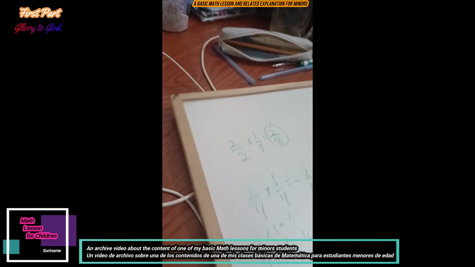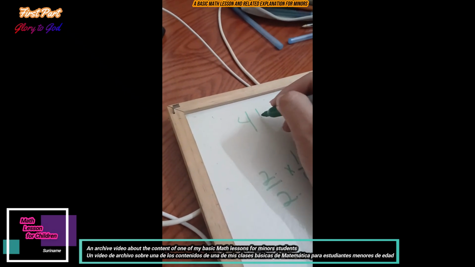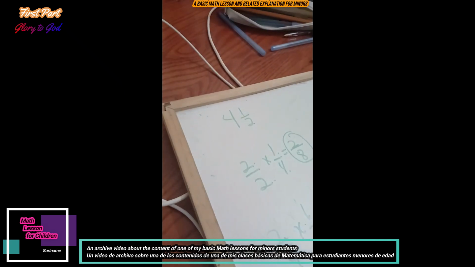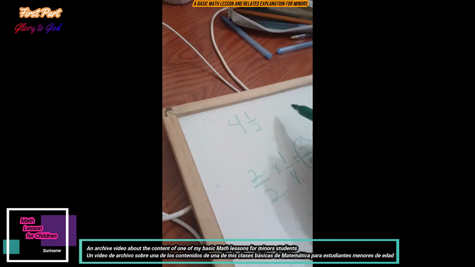Now we go to a mixed fraction, where we have a complete number with a fraction. How do we solve this? Easy.